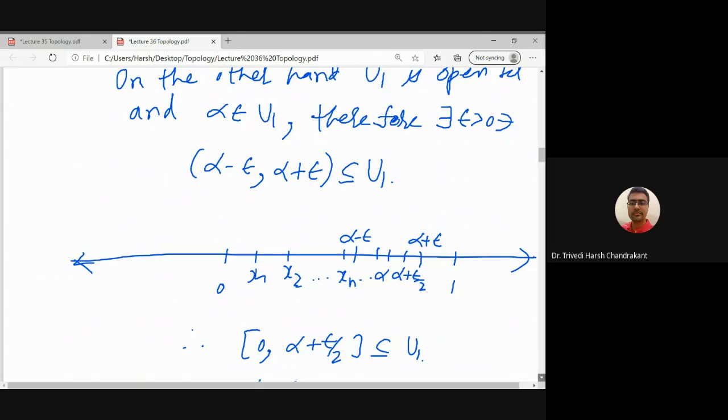Already we observed that alpha belongs to u1. And using this epsilon argument, we know that the closed interval alpha to alpha plus epsilon by 2 is also a subset of u1, because alpha plus epsilon by 2 belongs to u1.